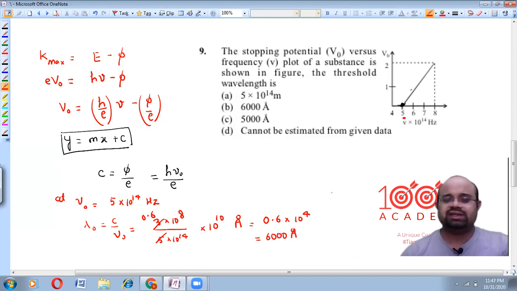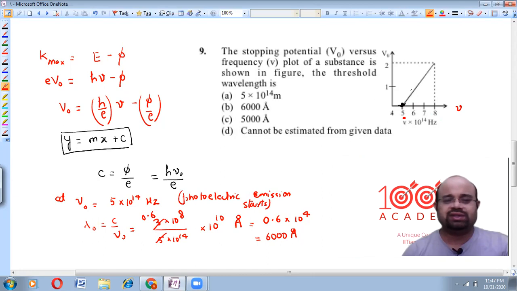So from this data, you can see that this is the graph between frequency and stopping potential. At this frequency the photoelectric emission starts. Photoelectric emission always starts at the threshold frequency. At any frequency less than this, there is no stopping potential because there is no emission.